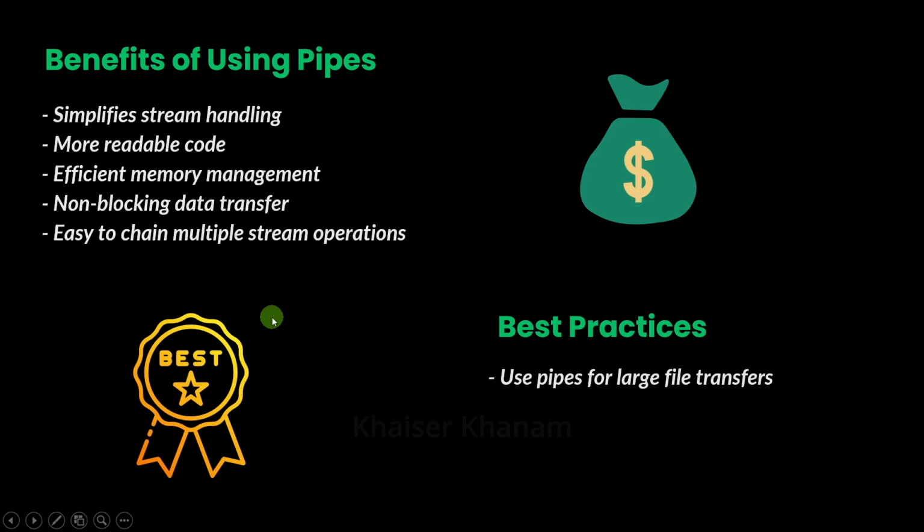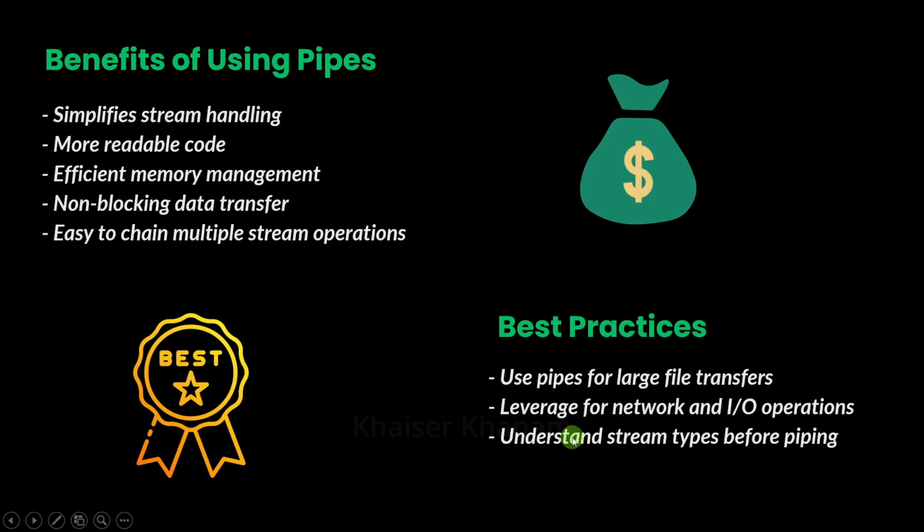Some of the best practices are: always use pipes for larger file transfers, and you can also leverage pipes for network and IO operations. But before that, you should always understand the different types of streams and how they work, and only then should you apply this piping concept and change the streams. And also handle potential errors in stream operations.